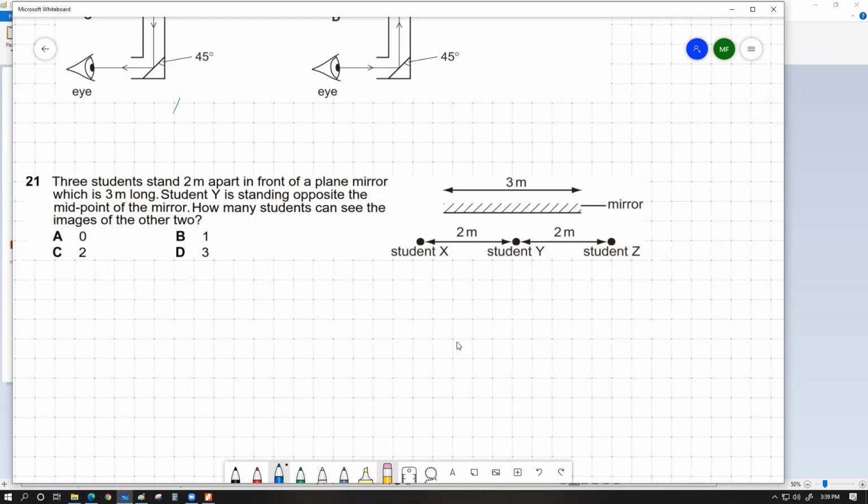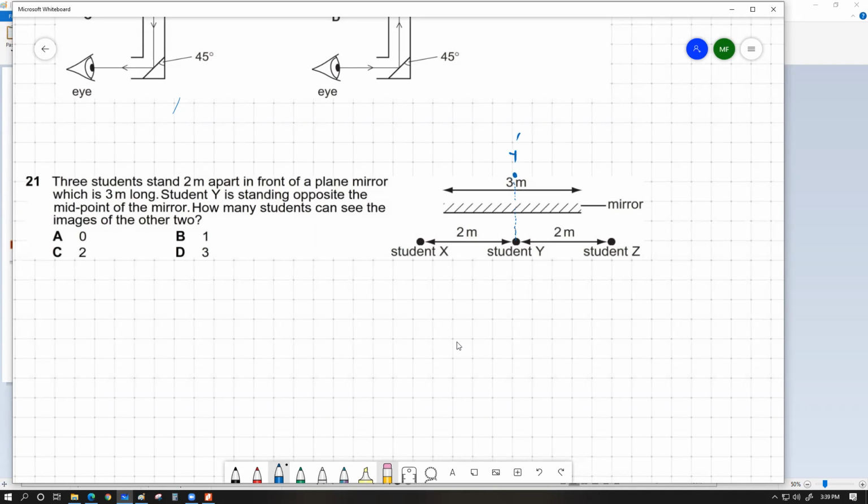To solve this question easily, we can figure out the possible positions of their images. Images are always created behind the mirror for a plane mirror and in a straight line that cuts the mirror line by 90 degrees. So student Y should be seeing him or herself right over here. I'm going to label this Y prime as the image.